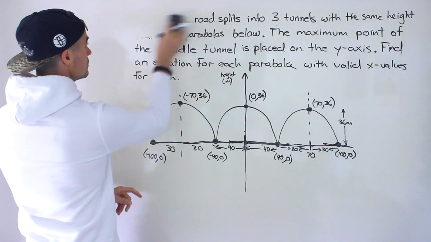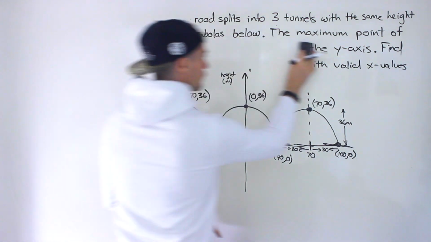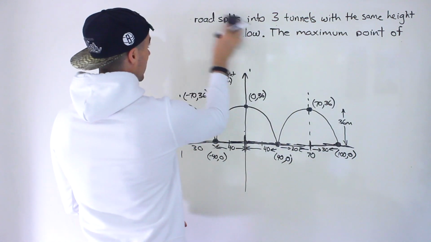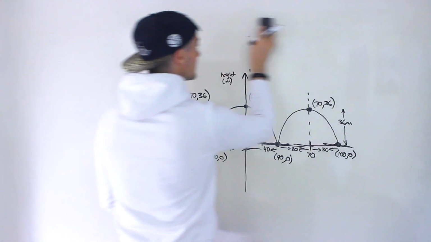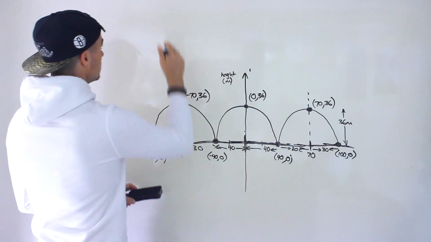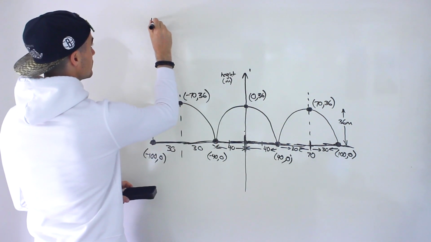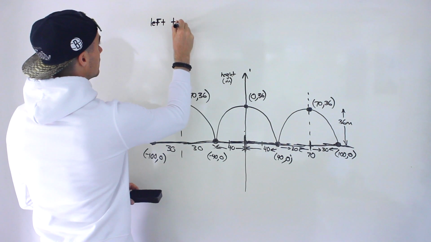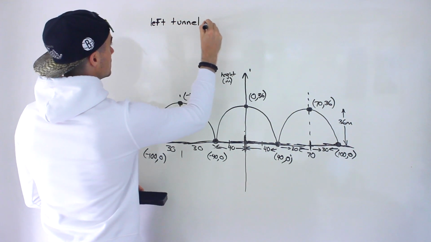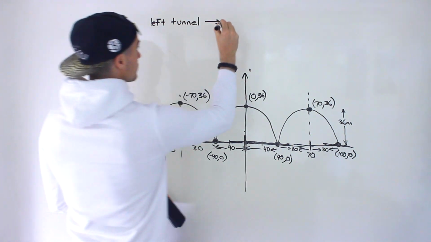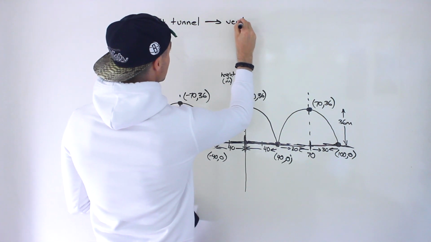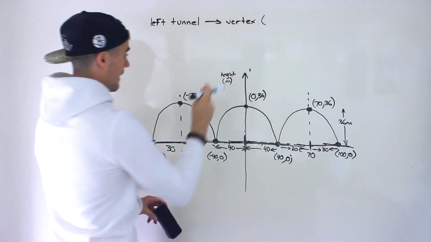So what we can do, if we want to, is just forget about this diagram and just create an abstract equation. So let's start with this left tunnel. Let's write out some characteristics that we have of it. Well, we have a vertex at what?